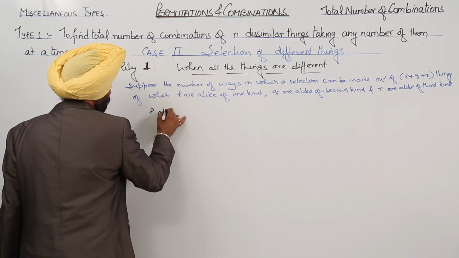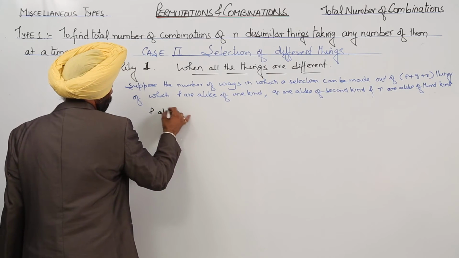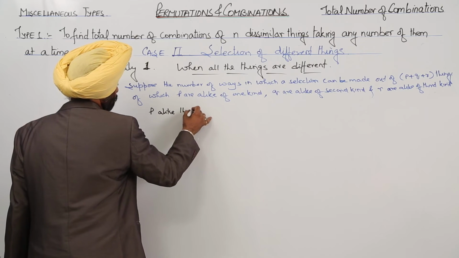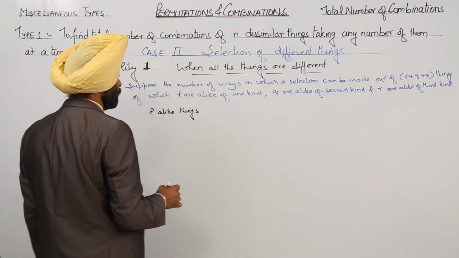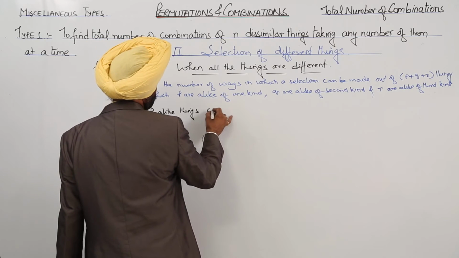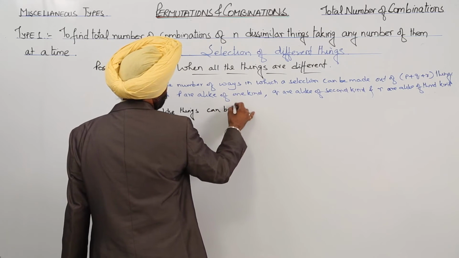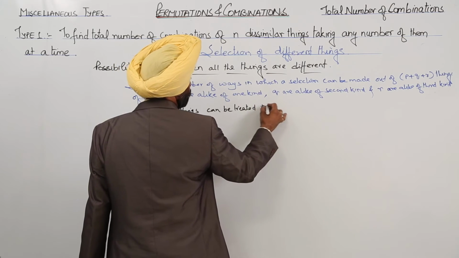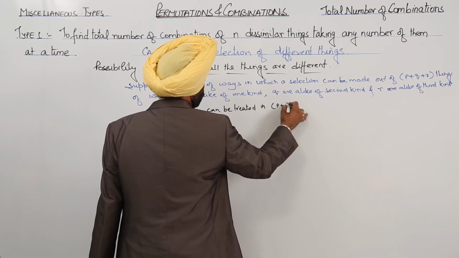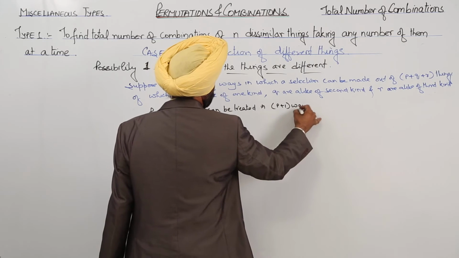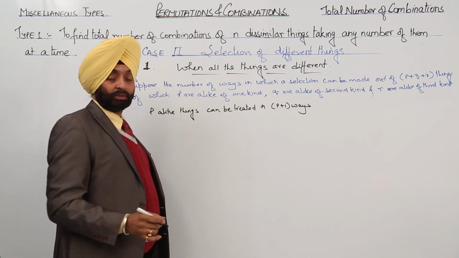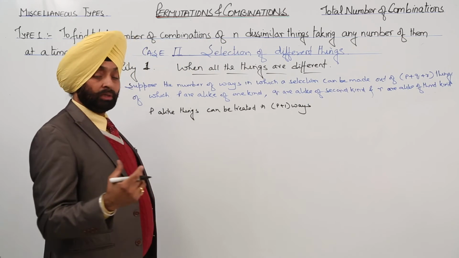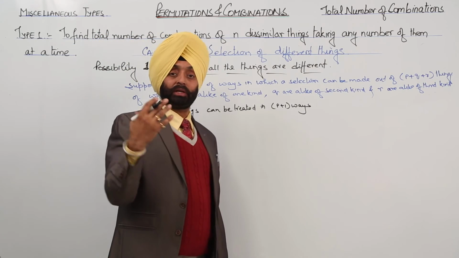P alike things can be treated in P plus 1 ways. Now why P plus 1 ways? Because we have one option that we can't select it.